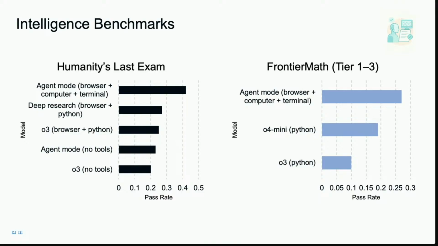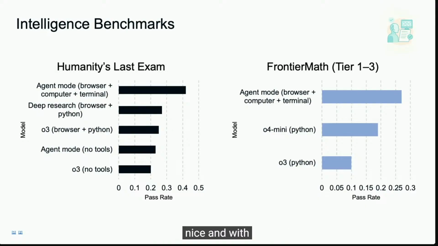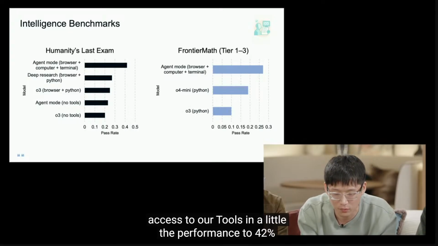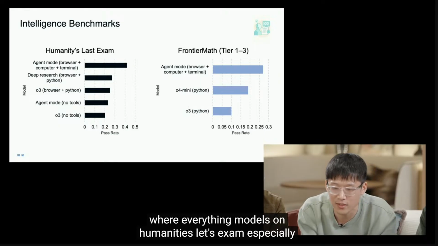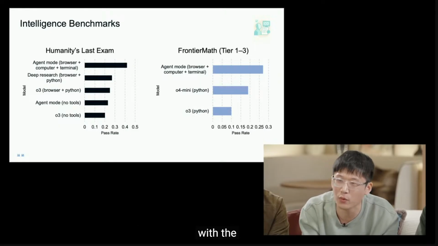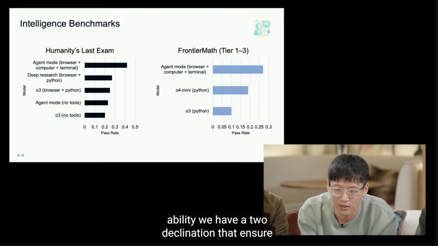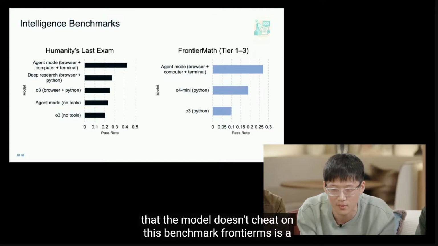We can see that in agent mode, the raw intelligence is already pretty nice, and with access to all tools, it nearly doubles the performance to 42%. When evaluating models on Humanity's Last Exam, especially with the browsing ability, we have a two-layer decontamination that ensures that the model doesn't cheat on this benchmark.